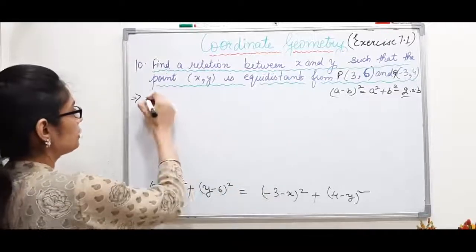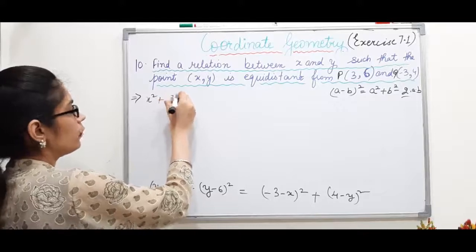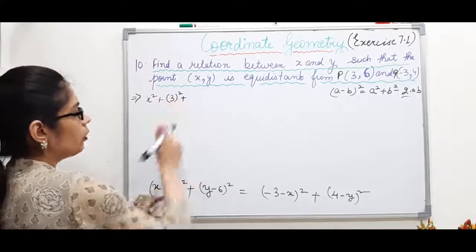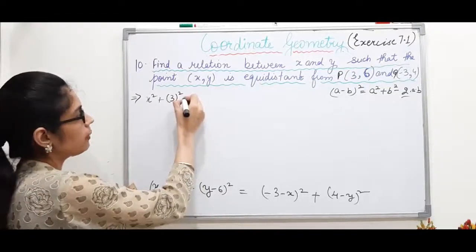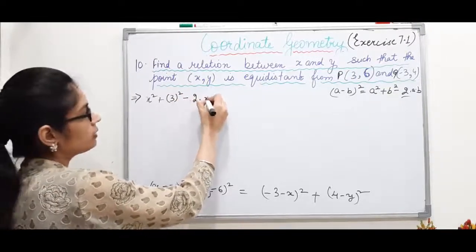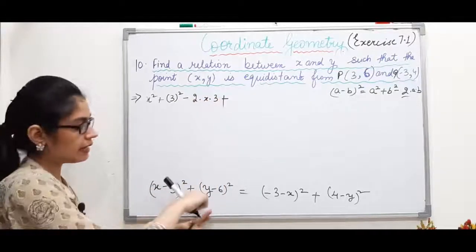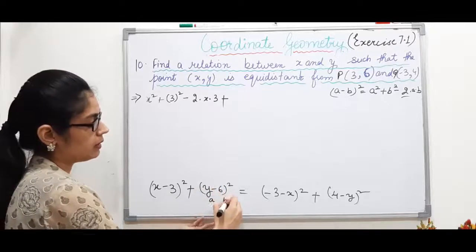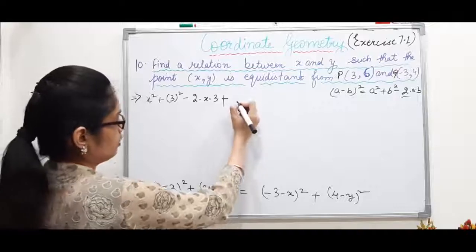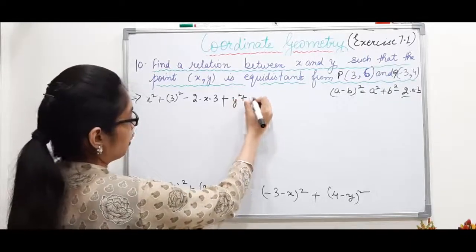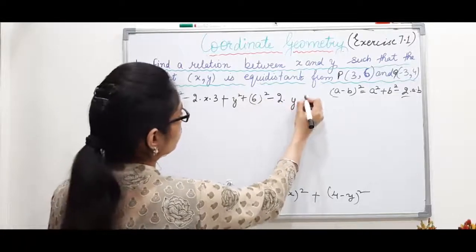A square means x square, plus b square, which is 3 square, minus, it's not plus because we are using the minus identity, minus 2 into x into 3. Plus again, now your a is y and b is 6, so here also we apply it: y square plus 6 square minus 2 into y into 6.